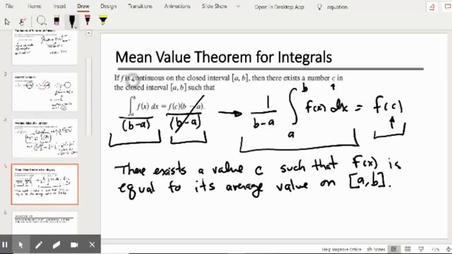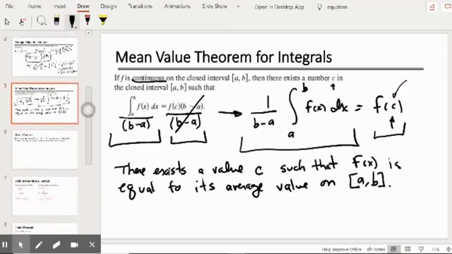And this is true because it is a continuous function, so all of the intermediate values in between exist, and that means that there must be an x value that we're calling c, that if we plug into the function, it will be exactly equal to the function's average.